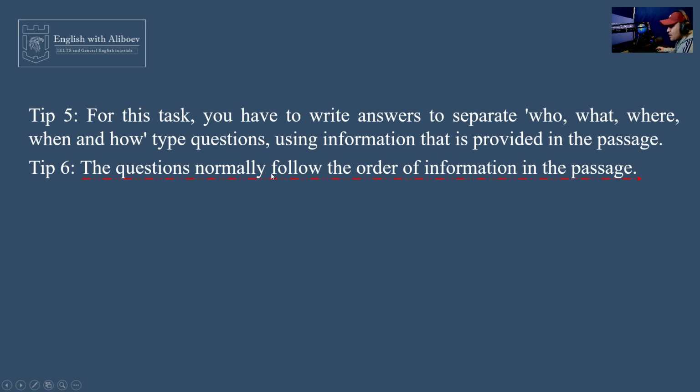Let's say you are looking for the answer to question number 4. You've already completed questions 1, 2 and 3. And now you are working to figure out the answer for question number 4.